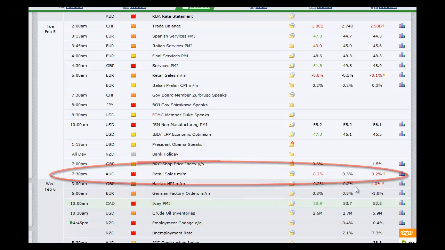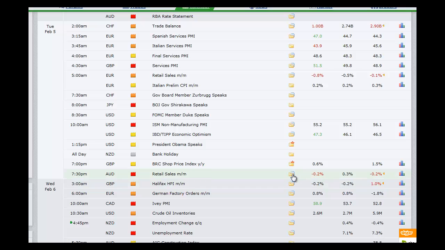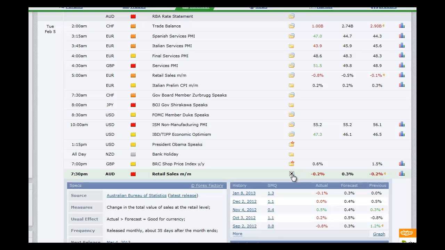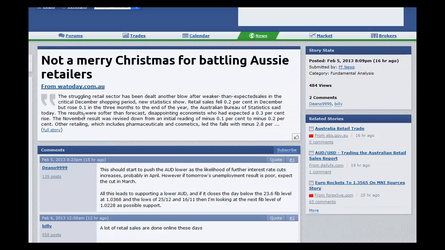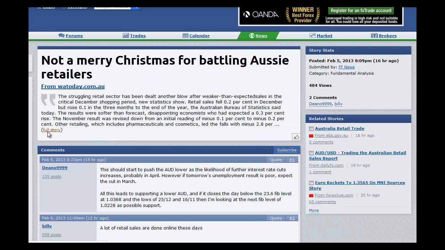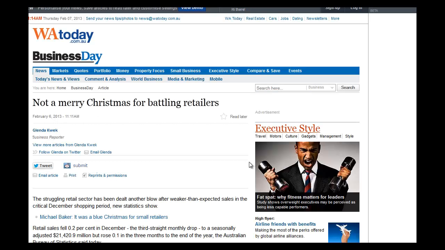Let's take a quick look at the information about the retail sales. We're going to go ahead and click on this and grab some data. Not a Merry Christmas for battling Aussie retailers. Let's go a little bit further and take a look at the actual news release.